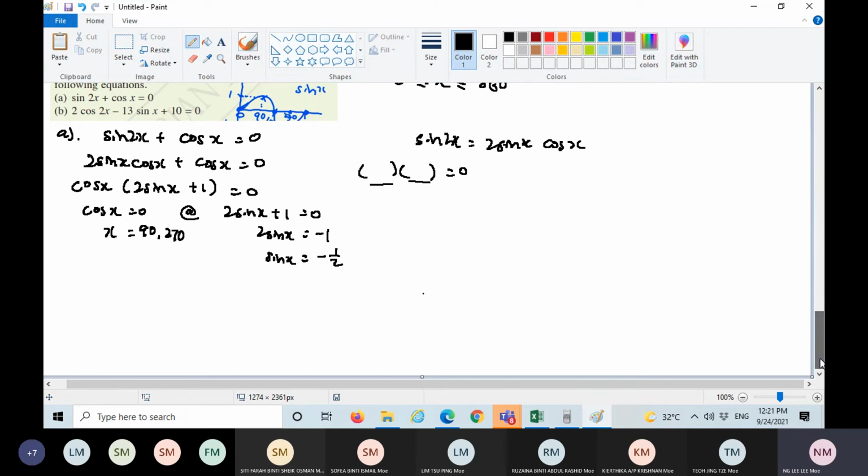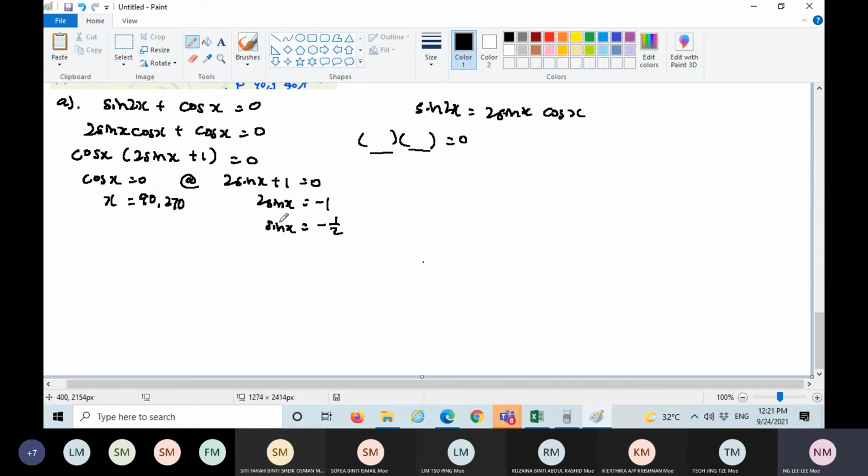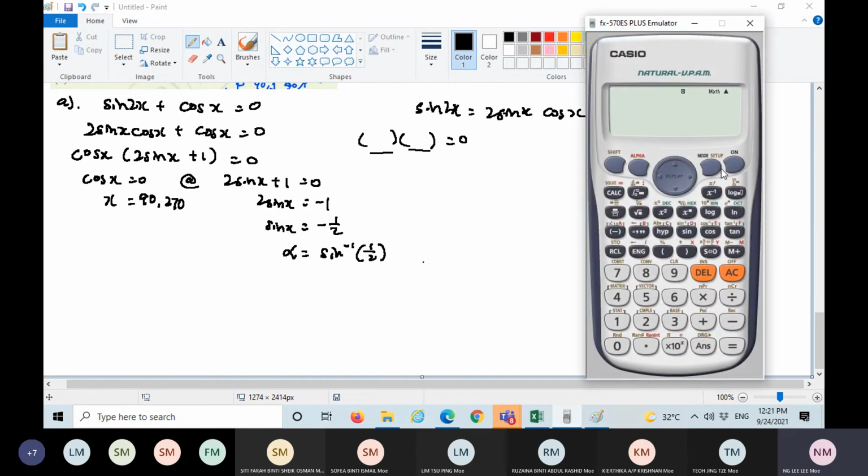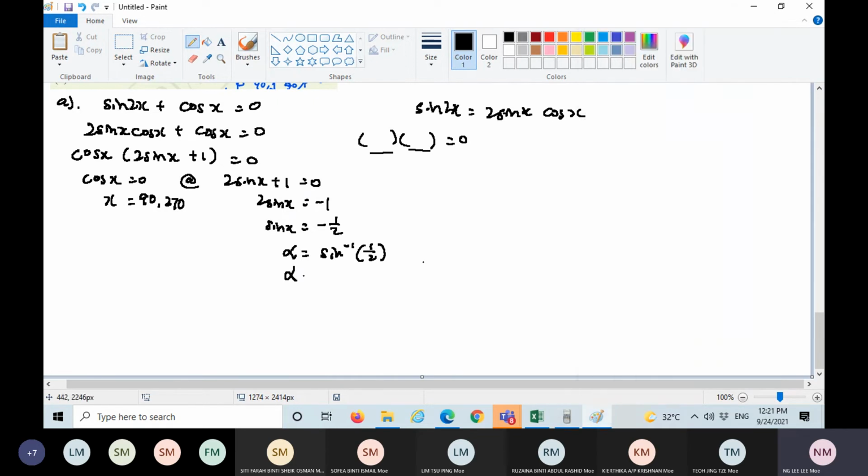I repeat like just now the beginning, example 1, example 2. So how to do? Now look for alpha. Remember, shift sine without the negative sign. Shift sine half. Is it 30? Shift sine 0.5. Answer is 30. So my reference angle is 30. Next.